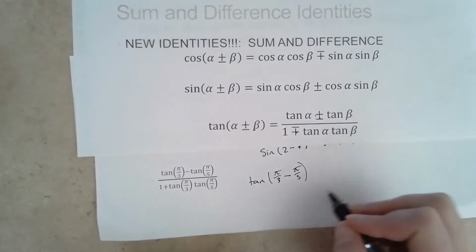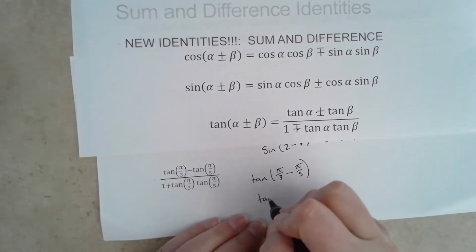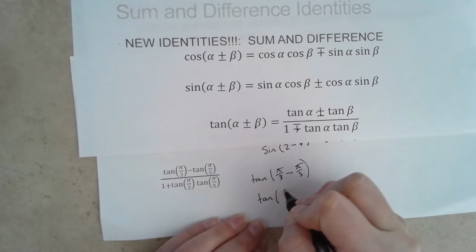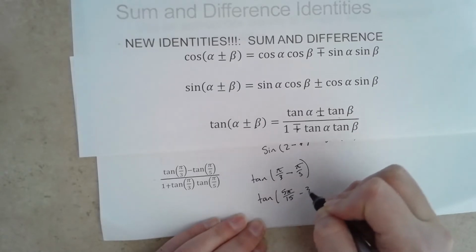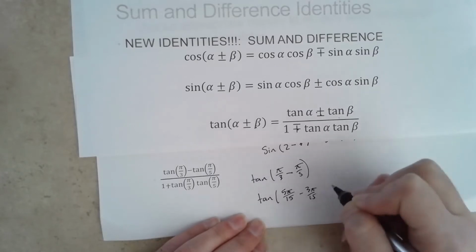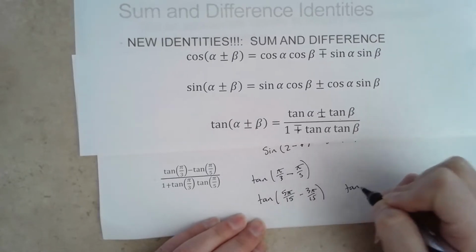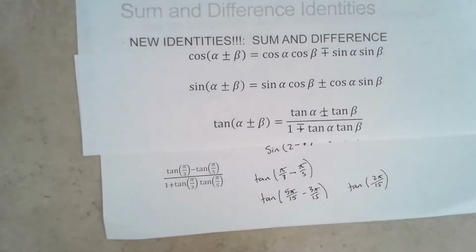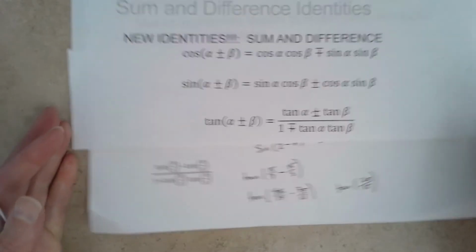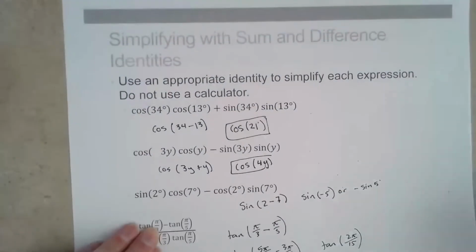So then if we get a common denominator, that'd be tangent of 5 pi 15ths minus 3 pi 15ths would give us tangent of 2 pi 15ths. Okay, nothing tricky here, hopefully. Those ones should be nice.